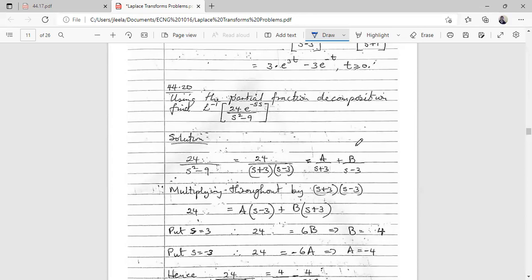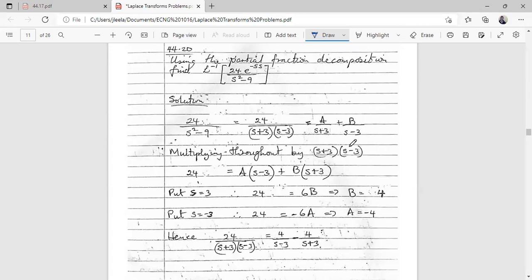Okay, so this one, another Laplace inverse here, 44.20. Using the partial fraction decomposition, find the Laplace inverse of 24 e to the minus 5s over s squared minus 9, right? So when you're finding the decomposition using your partial fractions, this part here cannot be part of the decomposition.